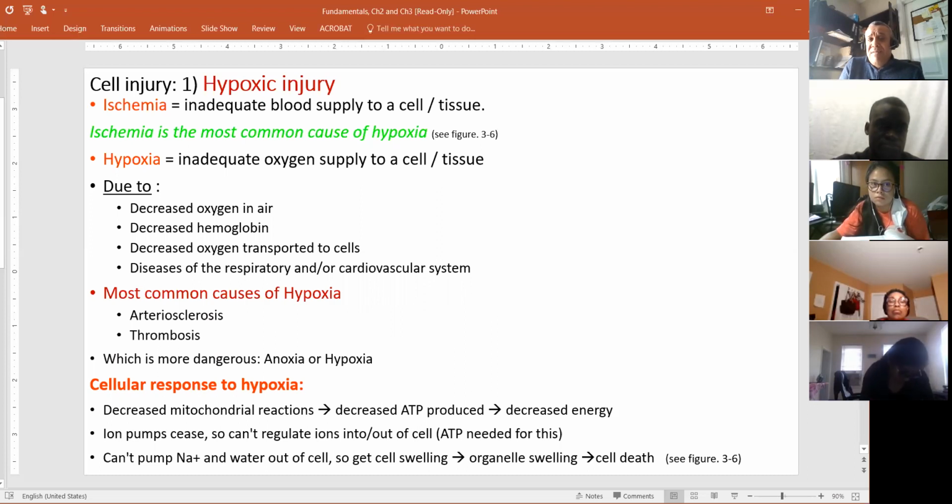So the cell is not receiving enough oxygen because either the blood doesn't have enough, the patient is anemic with decreased hemoglobin, right?